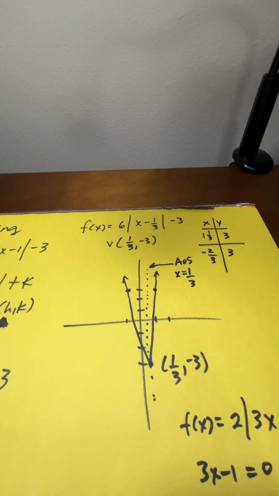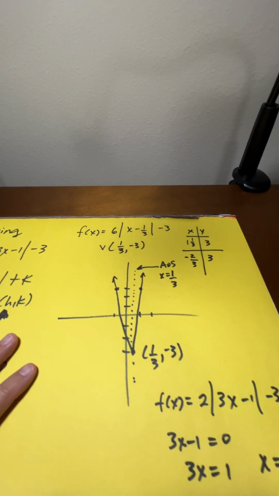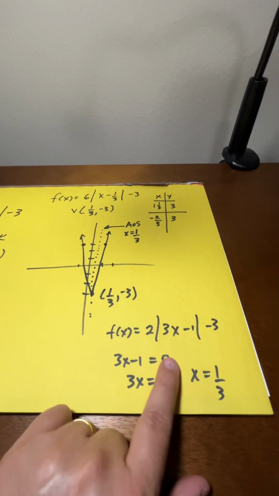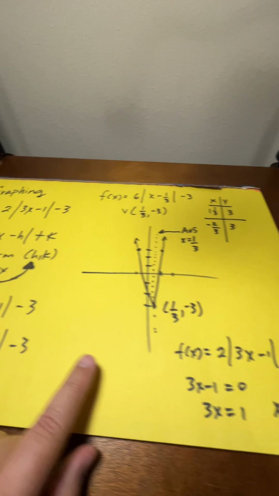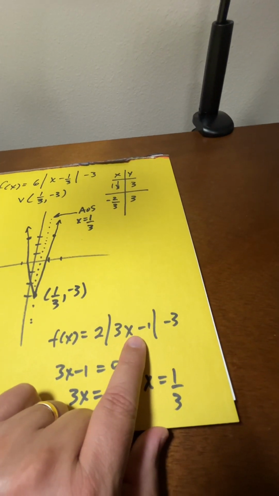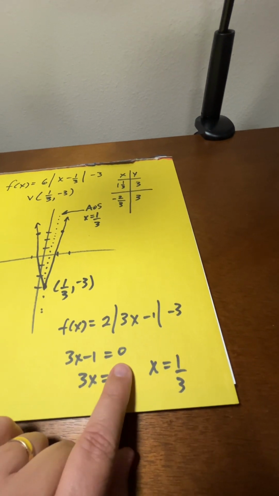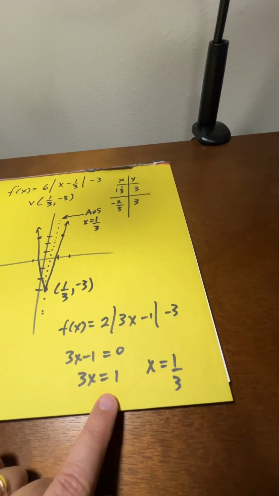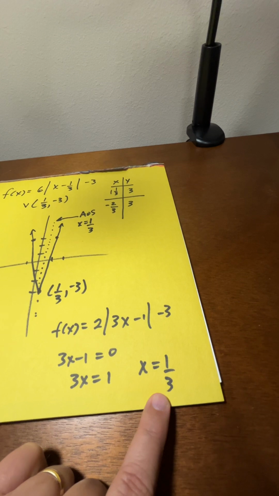Okay, so the third way, and probably the way that's in most textbooks, is to take this, and instead of factoring out the 3 like I did, what you do is just take this part that's on the inside, 3x minus 1, set it equal to 0, move the 1 over and solve for x, you get x equals 1/3.